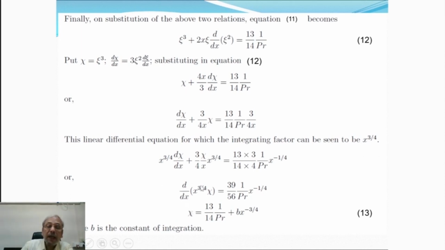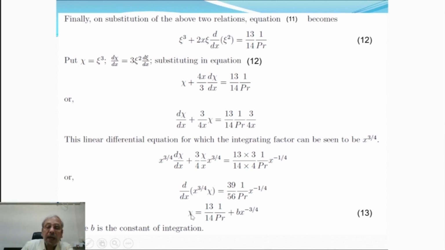And we can get from here χ equal to 13/14, 1/Prandtl number plus b, obviously after integration this constant will come, because d/dx of this expression we integrate once, we get x^(3/4) into χ equal to this expression plus b.